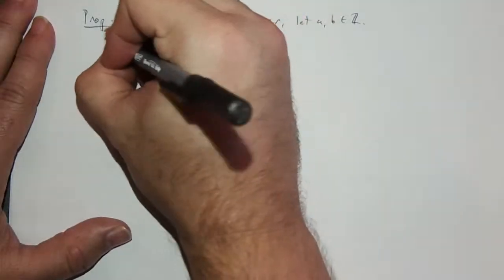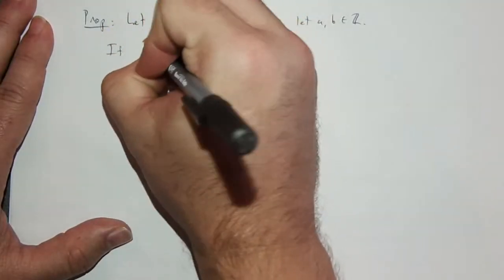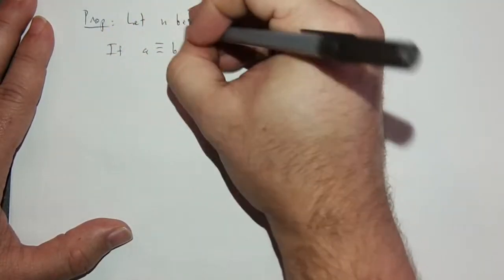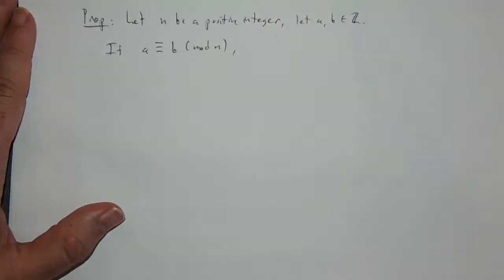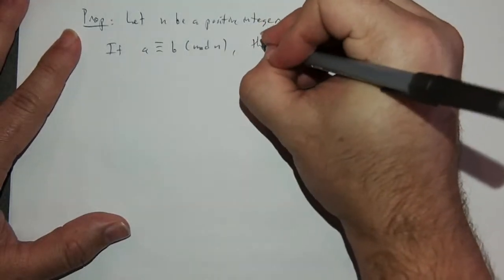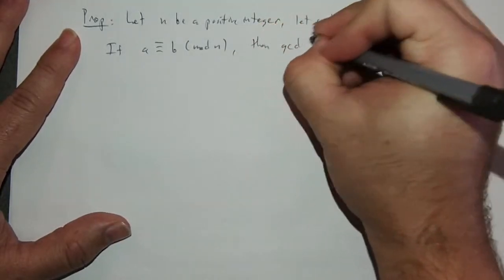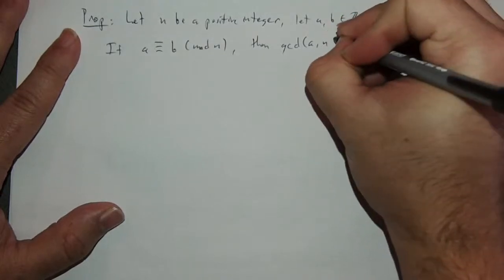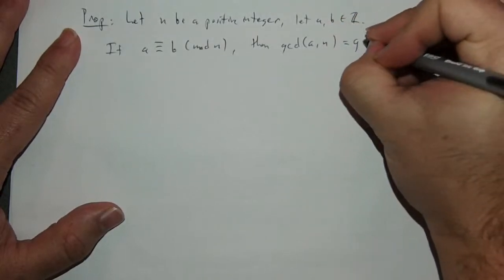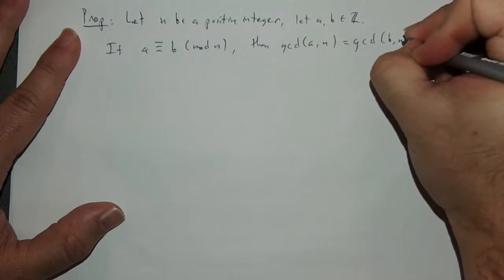If a is congruent to b mod n, then the GCD of a and n is equal to the GCD of b and n.